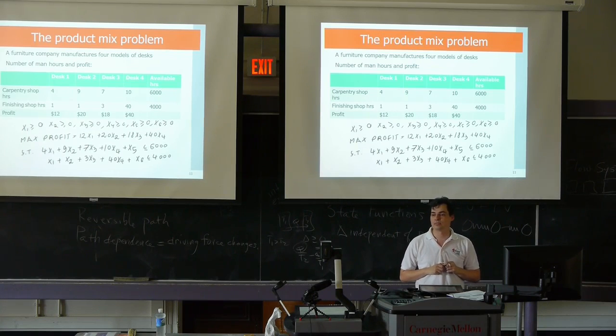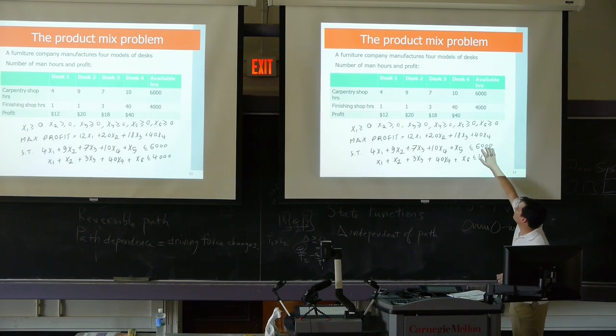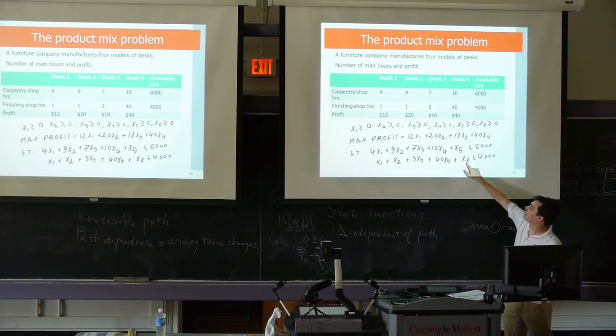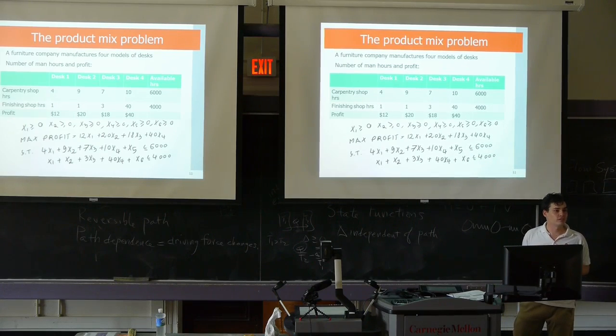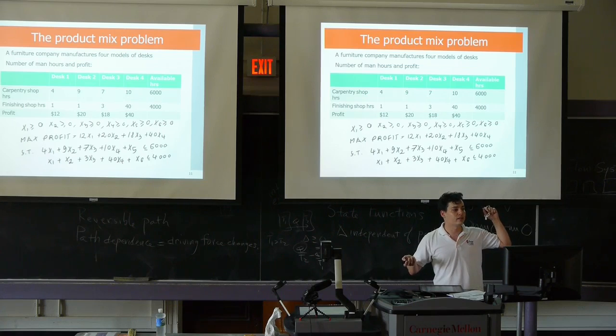Any guess why I made this mistake? Yeah, they are slack variables. Actually, the original problem is less than 6,000 and 4,000, and I got confused, so I wrote X5 here, X6 here, and then it should be equal to 6,000 and 4,000.